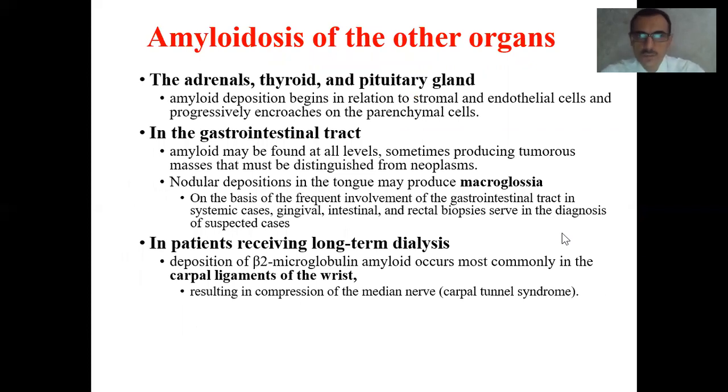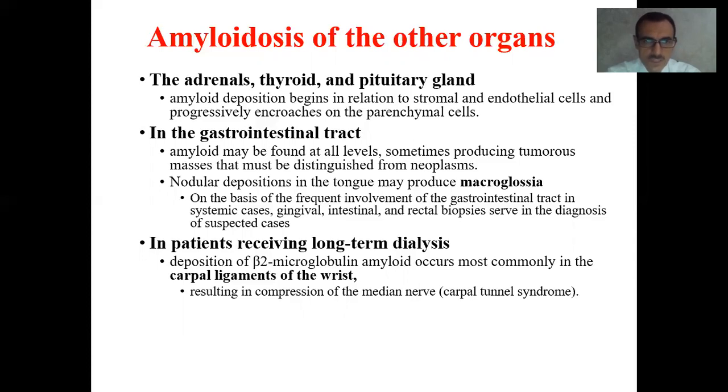Amyloidosis of other organs, the adrenals, thyroid, and pituitary gland. The amyloid deposition begins in relation to stromal and endothelial cells and progressively encroaches on the parenchymal cells. In the gastrointestinal tract, amyloid may be found at all levels, sometimes producing tumorous masses that must be distinguished from neoplasms.